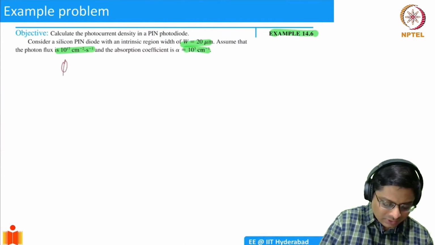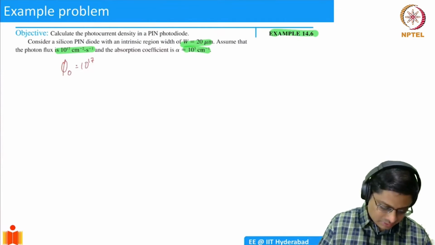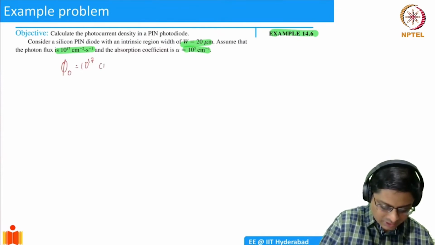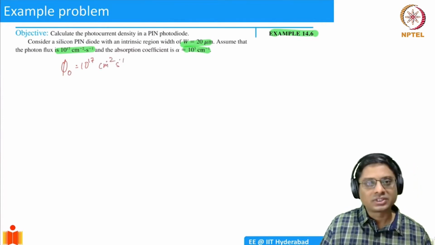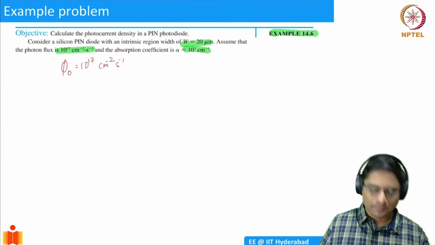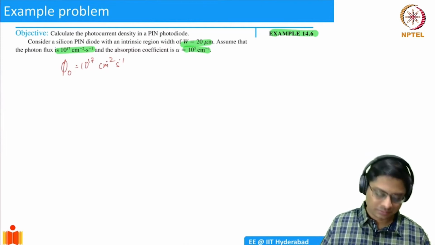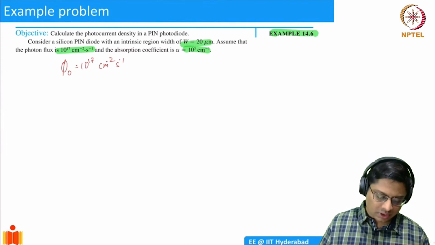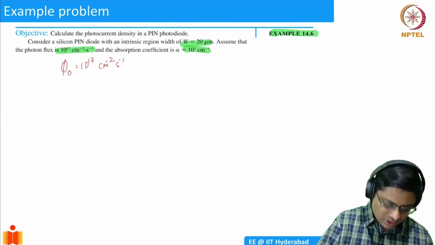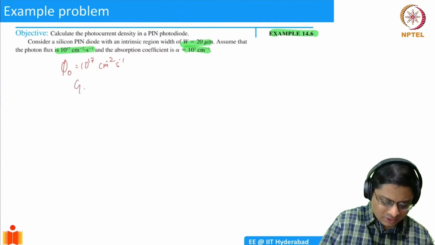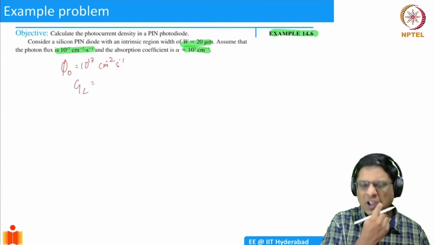So the incident flux phi naught is going to be 10 power 17. Let me write the units. Always remember, flux is going to be per centimeter square. Okay. The rate is going to be per centimeter cube. Okay. So the current JL, or rather, if you want to write GL, GL is going to be what?